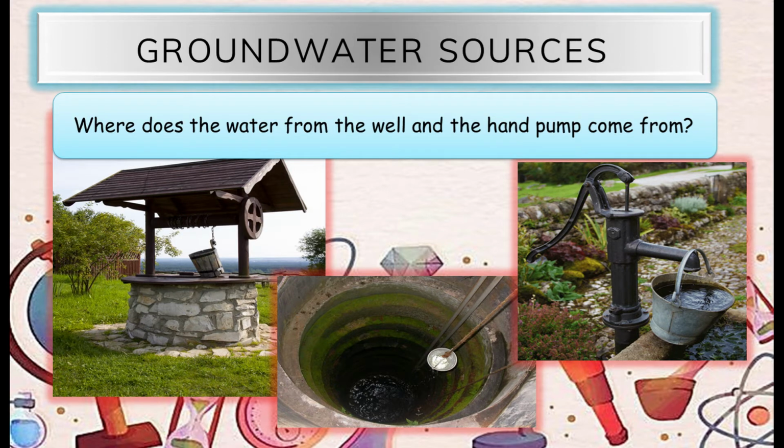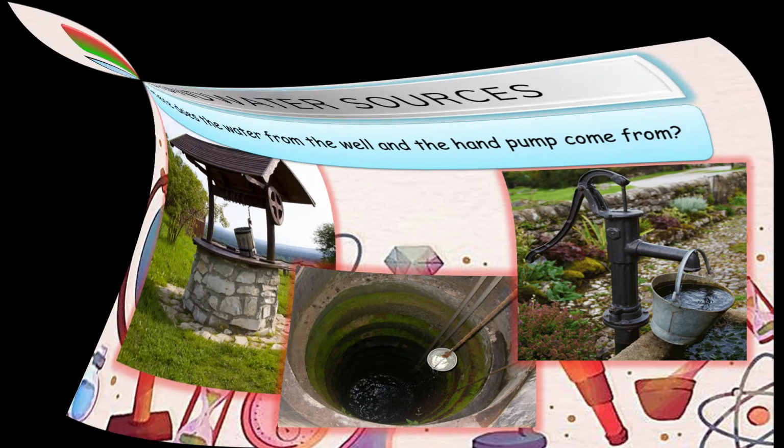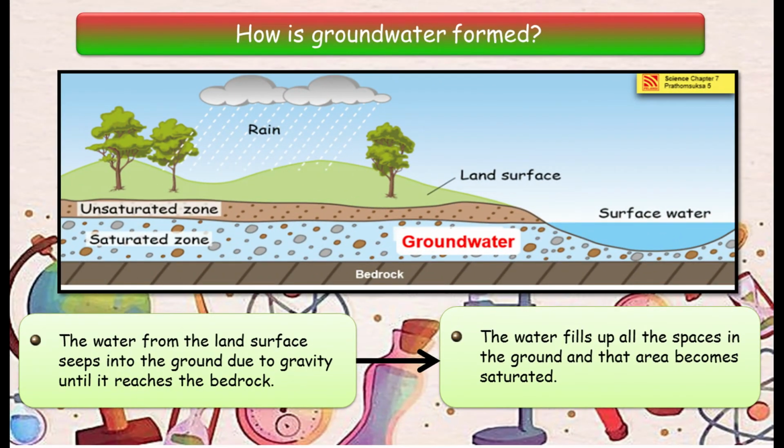Groundwater sources. Where does the water from the well and the hand pump come from? There is also a water source below the surface of the earth. Due to gravity, the water from the land surface, such as rainwater, seeps into the ground through the spaces between the soil particles or cracks in rocks.